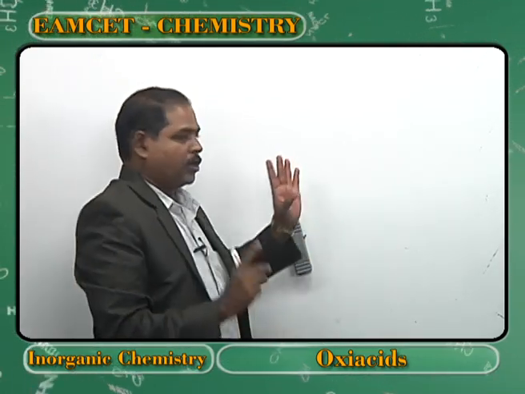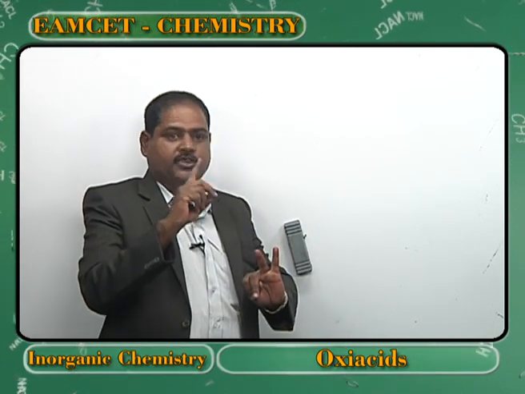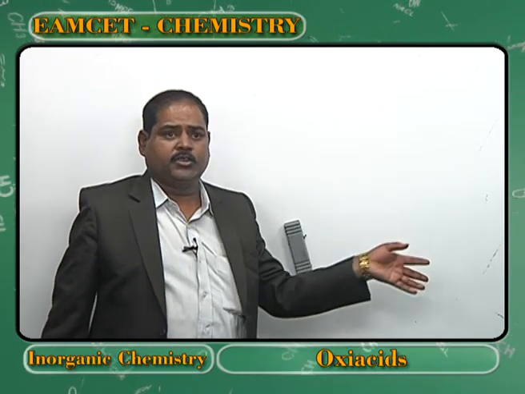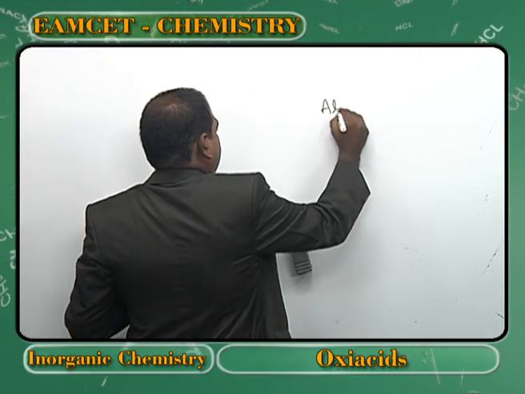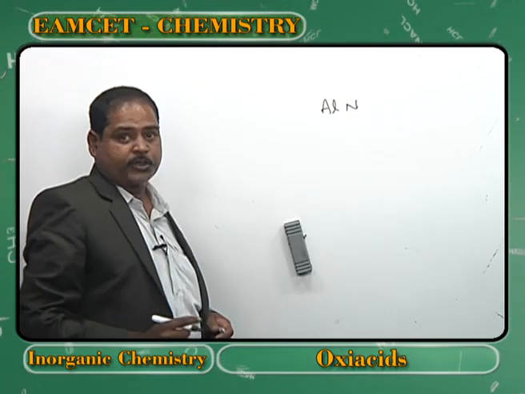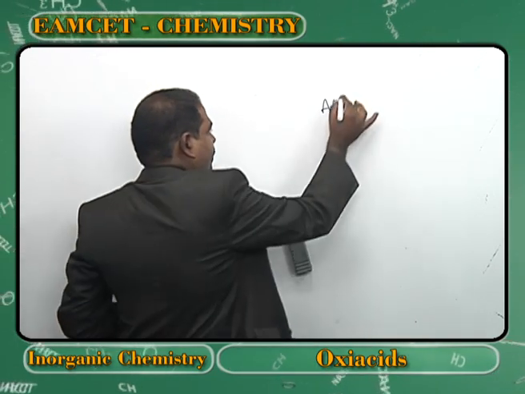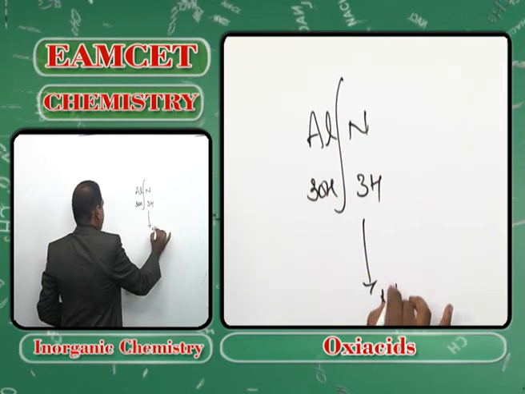So, partial hydrolysis of PCl5, hydrolysis of SbCl3, BiCl3 and xenon fluorides: you have to learn these four things separately, and all others you can just blindly follow the generalization. For example, aluminum nitride, in a process called the Serpex process, you will get an occasion to hydrolyze this. What will you get? Break the bond. 3OH, 3H, there ends the matter, NH3.